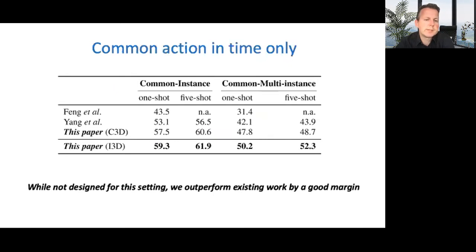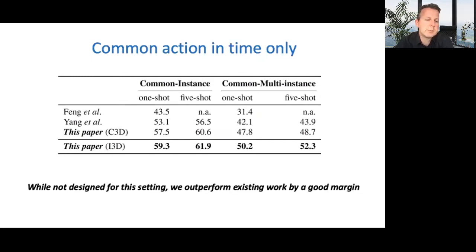Then we also considered a scenario where we identify the common actions in the temporal dimension only. So we forget about the spatial dimension and only look at the temporal dimension. And then there are 2 related works. So our own work from ECCV 20, and there was also a 1-shot alternative that could do 1-shot temporal localization by Feng et al.